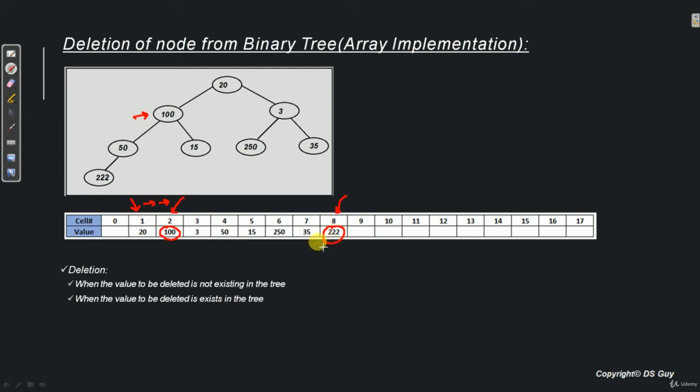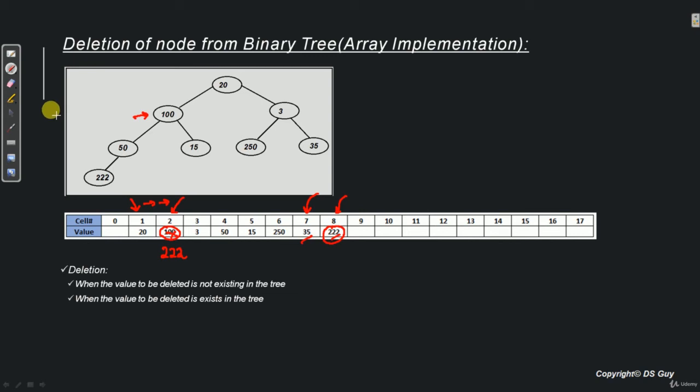So we update this second cell's value with 222. Now the third step is we have to update last used index and make it 7, so that we know that the last used index now is 35 and not 222. So I hope you have understood how to delete a node from a binary tree.